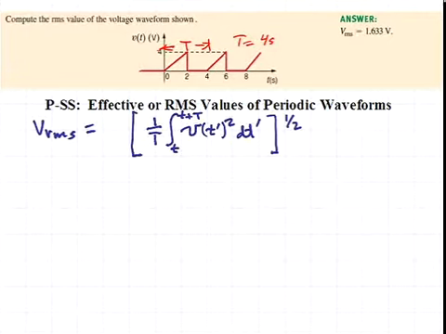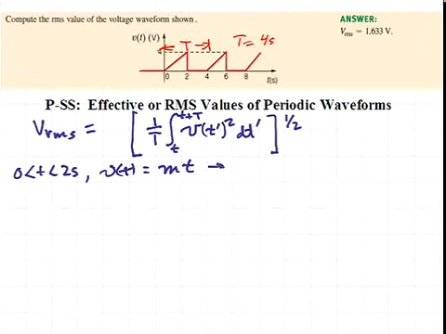In the current situation, our voltage waveform has two components. In the period from 0 less than t less than 2 seconds, v of t is of the form mt, where m is the slope, the waveform passing through the origin at time 0.